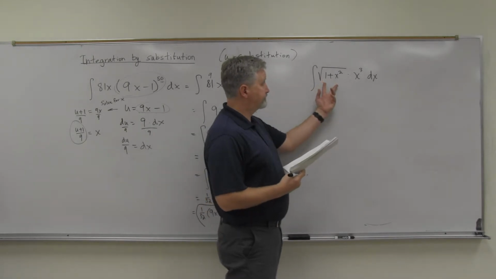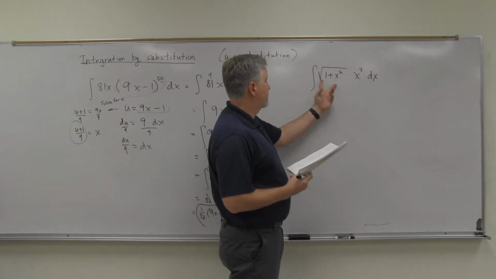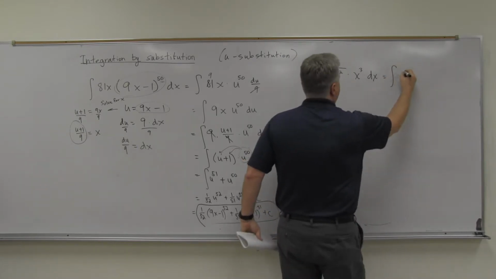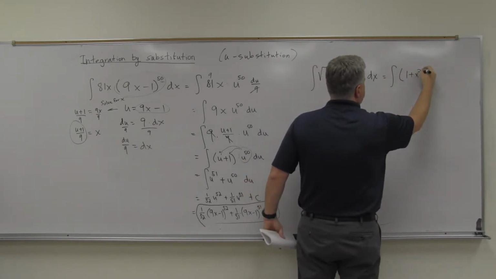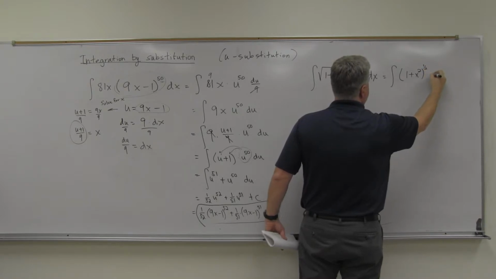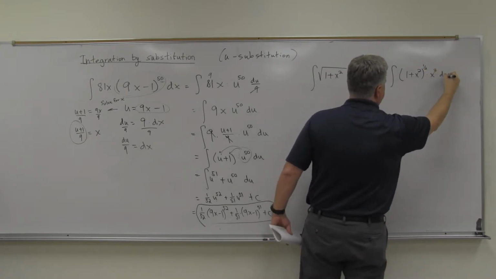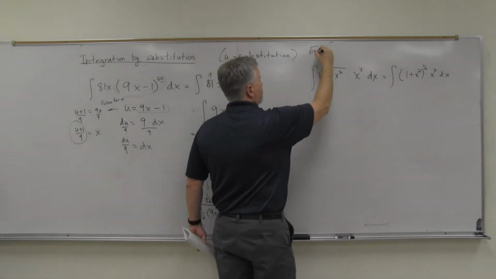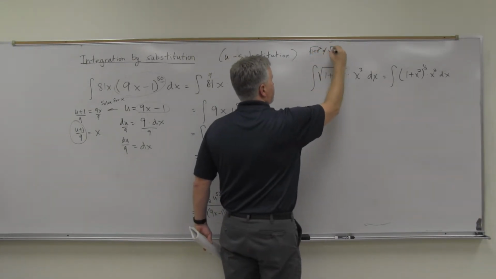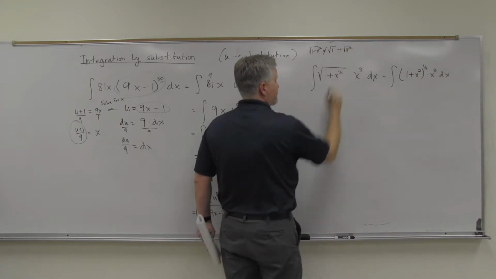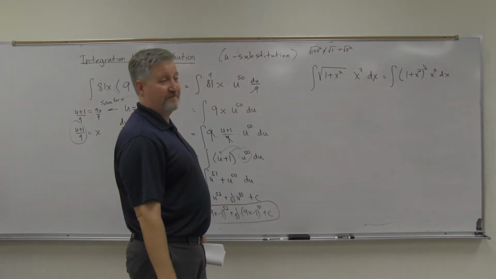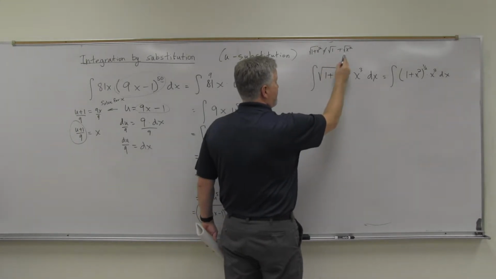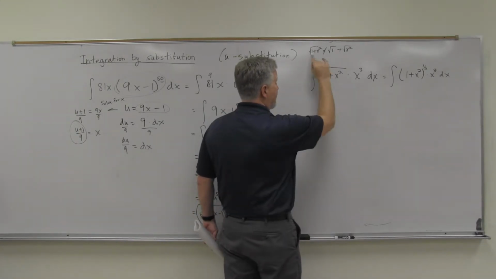Well, we go ahead and write it up. This is going to be 1 plus x squared to the 1/2 times x cubed dx. And again, unfortunately, just point out here, that got me thinking, well, just simplify that. Unfortunately, you can't do that. The square root of 1 plus x squared does not equal the square root of 1 plus the square root of x squared.